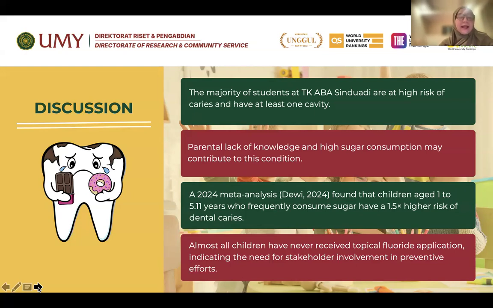Almost none of the children had ever received topical fluoride. This underscores the need for stronger community-based programs or for stakeholders to make a program that may support children in receiving topical fluoride application.